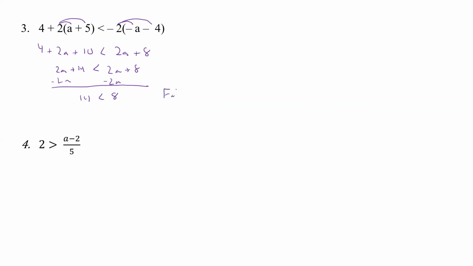So we say this is false, and so there is no solution. So sometimes when we work these, we get something like this. We get no solution. And so when you get something that doesn't make sense, it's not a true statement, we just say it's false, and then we have no solution. And another way sometimes is they'll write no solution as a circle with a slash through it.